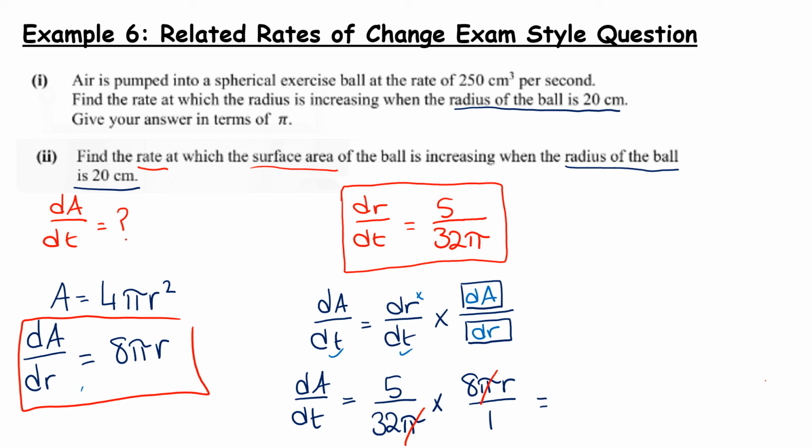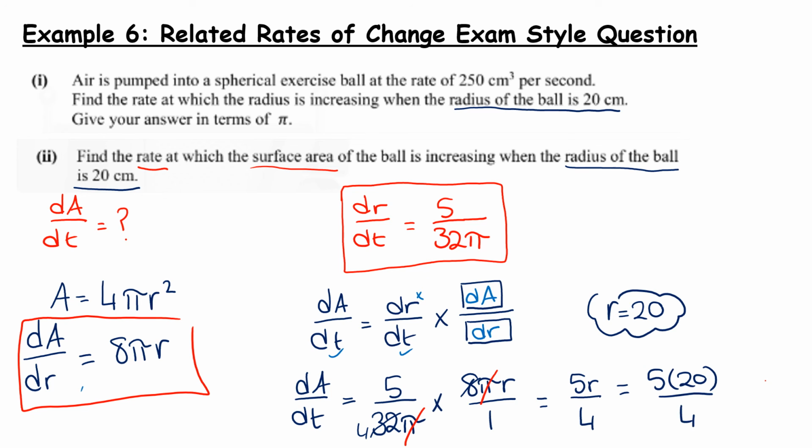We can simplify that. 8 goes into 8 once, it goes into 32 4 times. We get 5r over 4. But remember, we want when r is 20. So this is going to be 5 times 20 over 4, which is 25. And this is in centimeters squared per second.